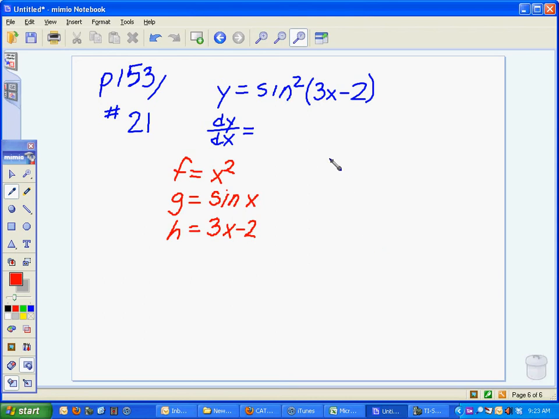Okay, so f prime, g prime, and in this one we have a third function, h prime. F prime, the derivative of x squared, is 2x. G prime, the derivative of sine, is cosine.